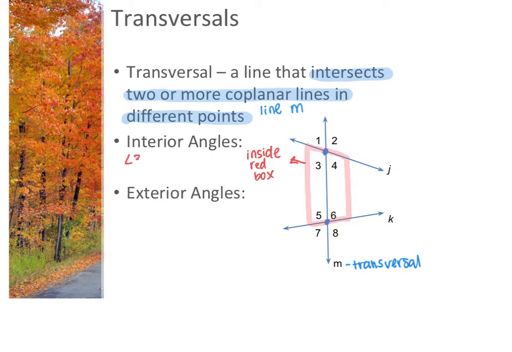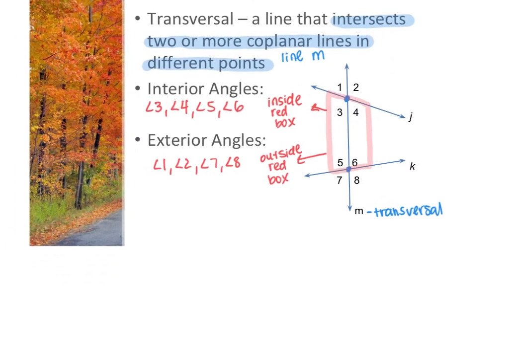So that would be angle 3, angle 4, angle 5, and angle 6. The exterior angles lie outside the red box. That would be angle 1, angle 2, angle 7, and angle 8. So remember, the interior angles are the ones inside that red box, and the exterior angles are the ones outside the red box.